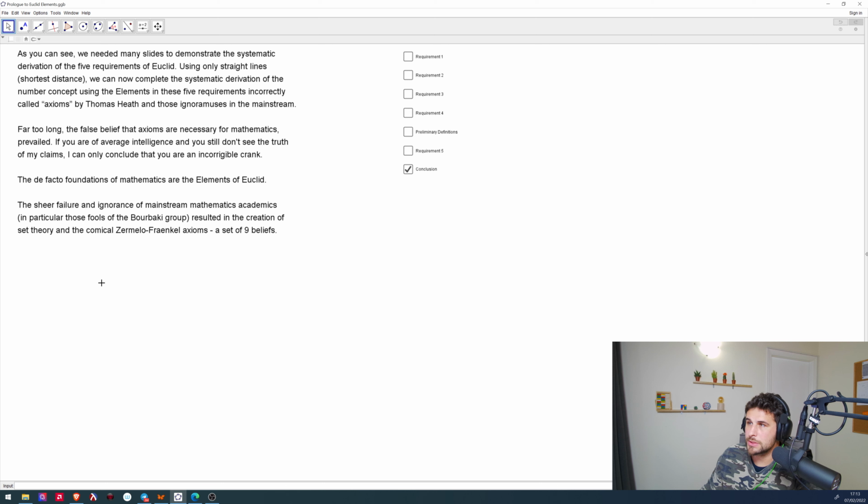So, as you can see, we needed many slides to demonstrate the systematic derivation of the 5 requirements of Euclid. Using only straight lines, shortest distance, we can now complete the systematic derivation of the number concept, using the elements in these five requirements, incorrectly called axioms by Thomas Heath and those others in the mainstream.